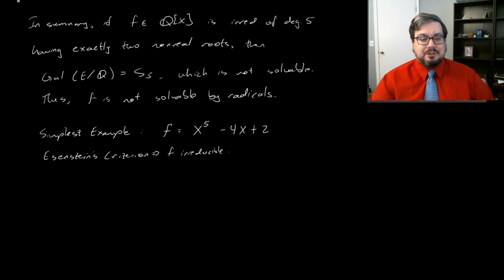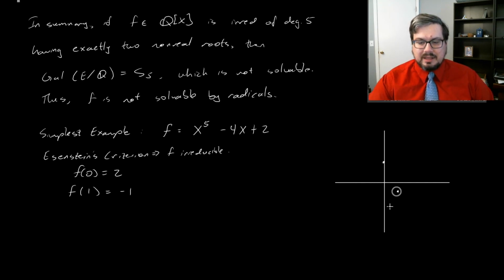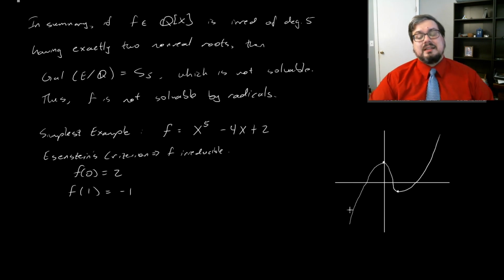So we can note that if we were to graph this polynomial on a Cartesian plane, then notice that f(0) is 2, but f(1) is equal to -1. And we know the end behavior, of course. So that means that the graph of this polynomial must look something like this.